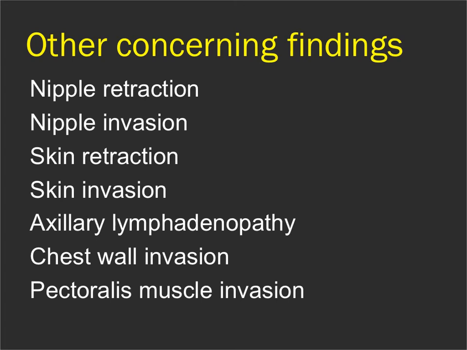I'm listing a whole lot here, but whether the nipple is involved or retracted, whether there is any skin invasion or retraction, the presence or absence of axillary adenopathy, and we always describe how many nodes appear abnormal and what size they are, whether there is chest wall invasion or pectoralis muscle invasion. To have chest wall invasion, it's got to go through pectoralis to the other side.